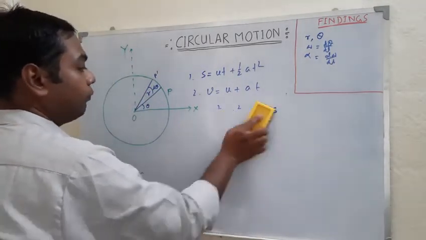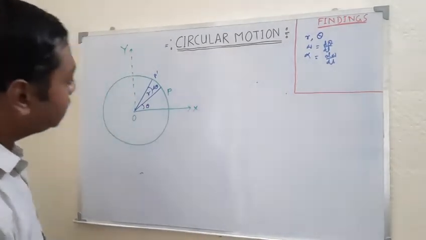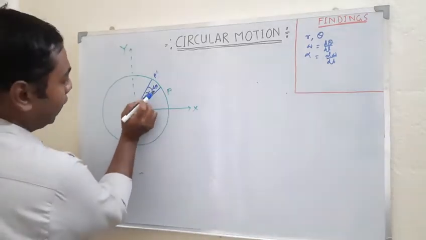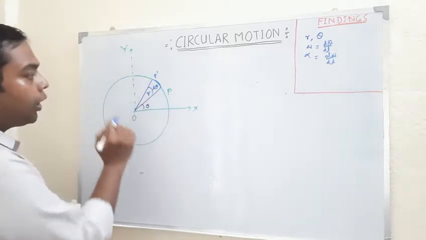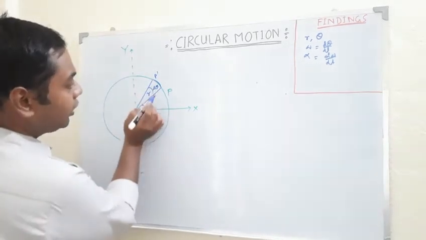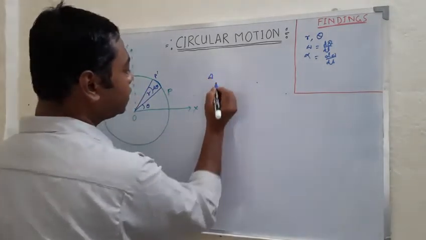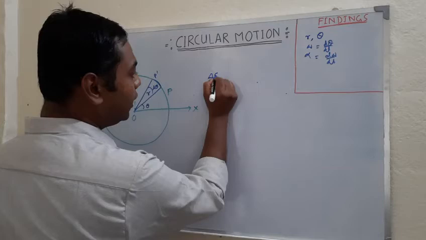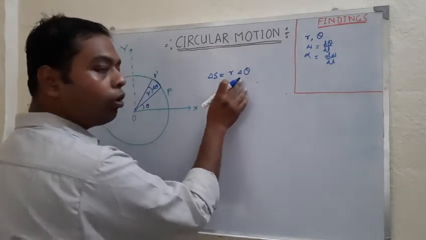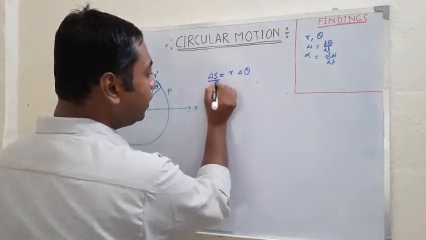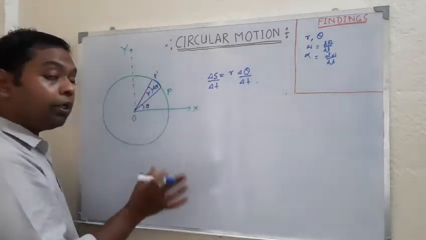Moving on. Now the particle moves along the circular path. The distance traveled in time delta t is P to P prime. Now this is not a straight line, it is an arc. So for a very small value of theta, the distance the particle travels is delta s equals r delta theta. Dividing with respect to time, we get the linear speed of the particle.